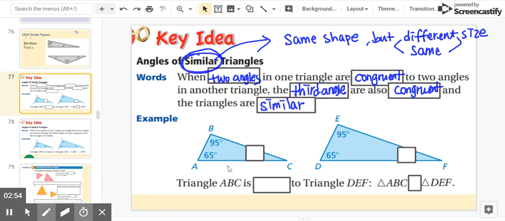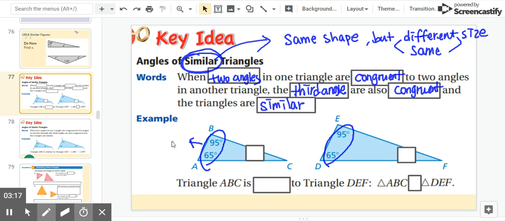All right, so if you look at this, 95 and 65, 95 and 65. Oh, we have two angles that are exactly the same, congruent. So now I can say if two angles are exactly the same, the third one is going to be automatically congruent.